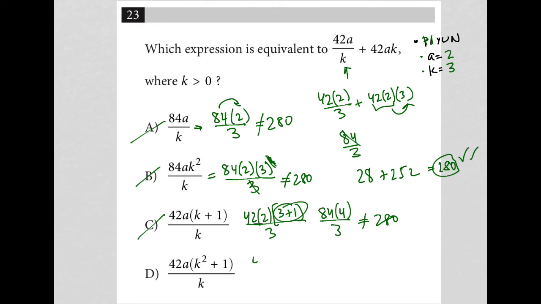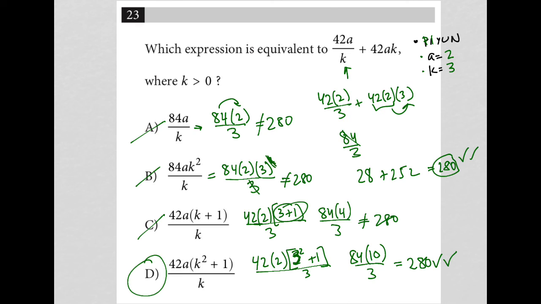And then lastly, we have 42 times 2 in brackets, 3 squared plus 1, all over 3. So this becomes 84 times 3 squared is 9 plus 1 is 10. So 84 times 10 divided by 3. 84 times 10 is 840. I divide by 3, and what do you know? I get 280. And that's how I would know that choice D is the correct answer.